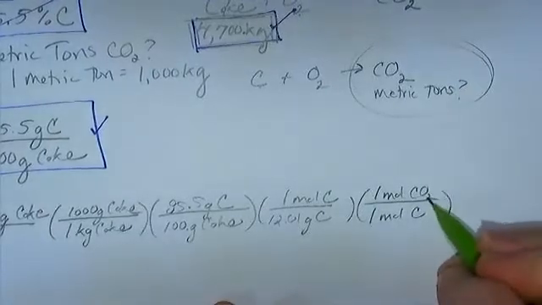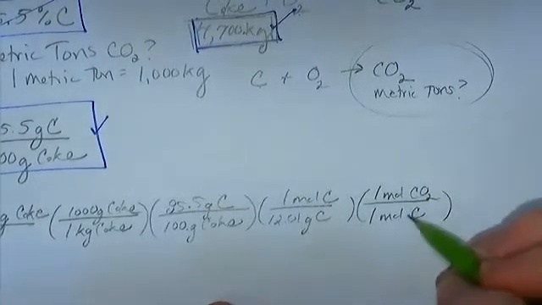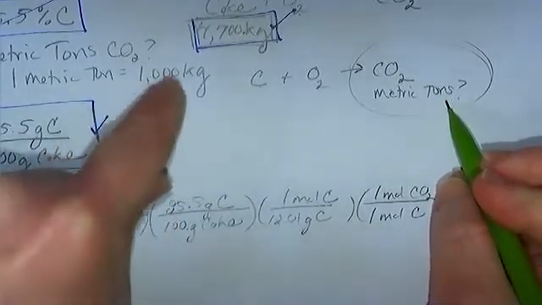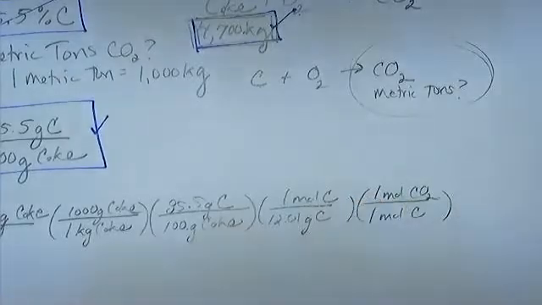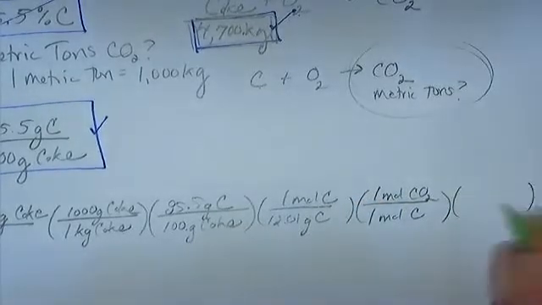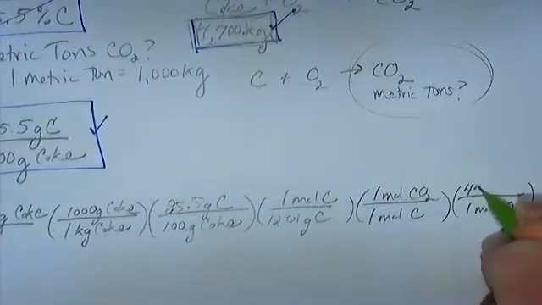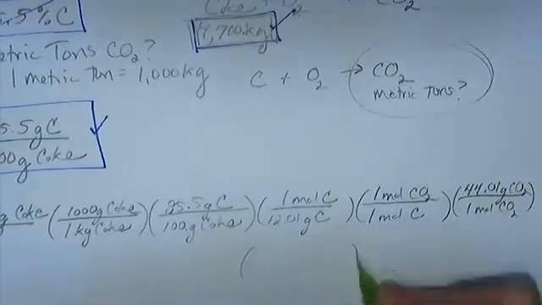Now we need metric tons. Metric tons are in terms of kilograms, so I'm going to need to get from moles to kilograms of carbon dioxide. Every 1 mole of CO2 is 44.01, and that'll leave me in grams.